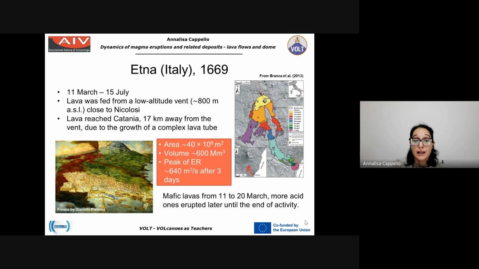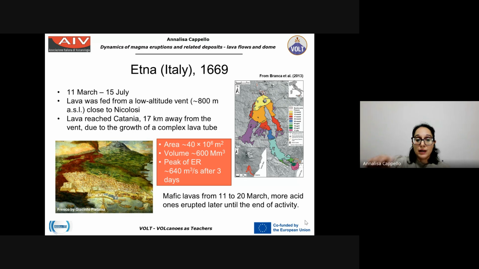covered the villages of Nicolosi, Malpasso, Montpellieri, Mascalucia, Misterbianco, San Pietro Clarenza, but the most important thing was that it reached the city of Catania, that is 17 kilometers away from the vent, and this was due to the formation of, as I told you before, a complex lava tube.